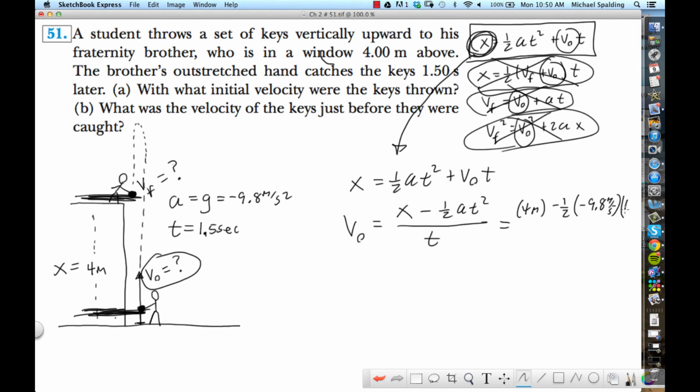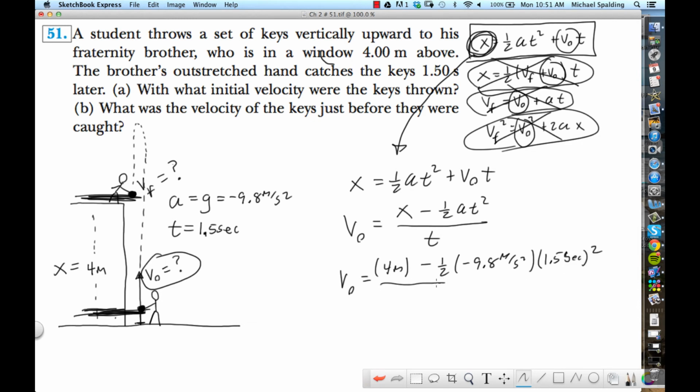Oh, I knew I shouldn't have done this. I'm out of room. You know what? I'm going to go lower. I want this to be money. So V initial, we're going to plug numbers in here. So 4 meters minus 1/2 times negative 9.8. The time is 1.5 seconds.